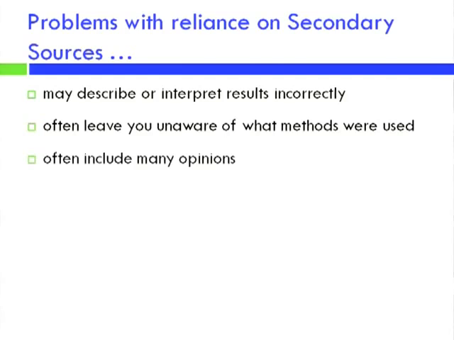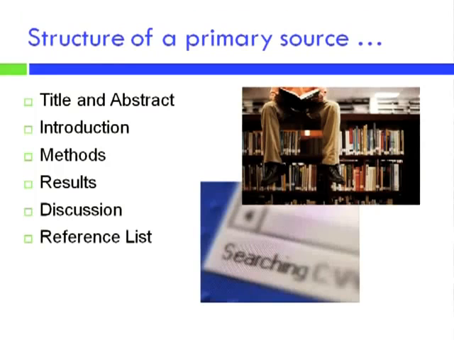So how do you know it's a primary source? One of the easiest ways to tell it's a primary source journal article that you're actually going to want to read is that it's structured in a particular way. It has a title, it has an abstract, and the abstract, of course, is a summary of all the pieces of the particular paper. It has an introduction, very similar to the one that you guys are going to write about your own topic and your own research project.